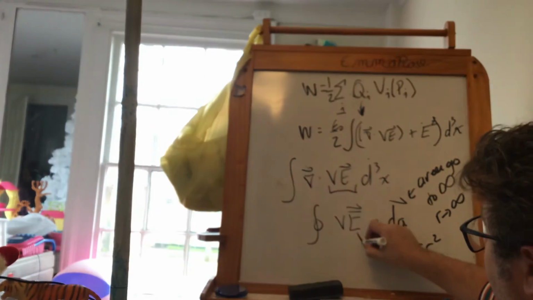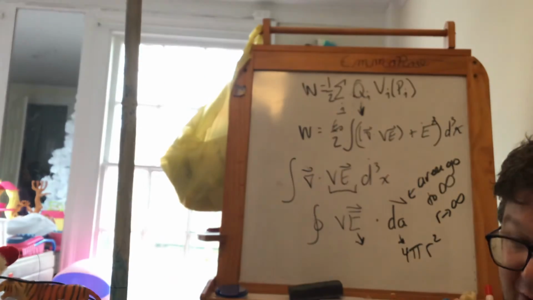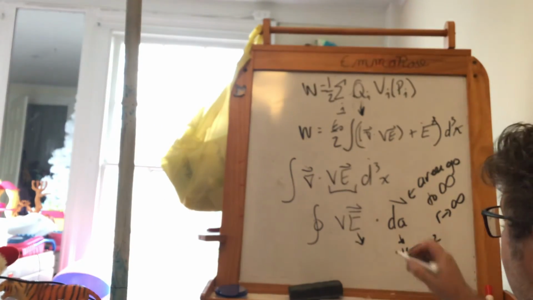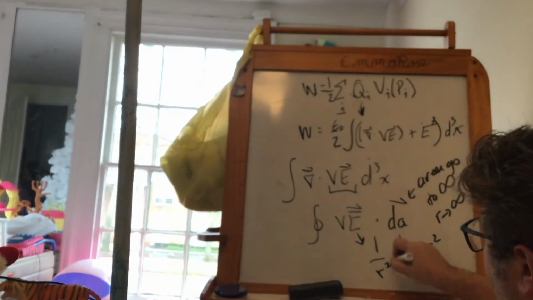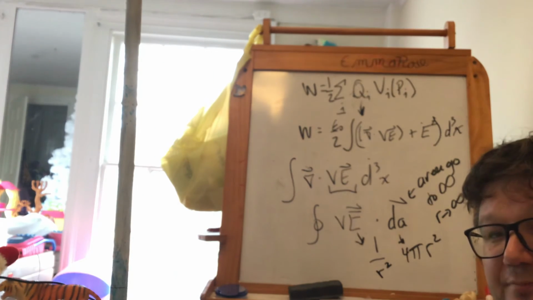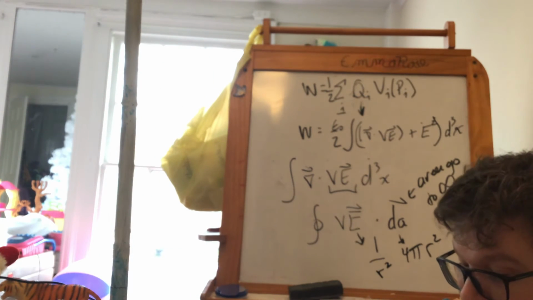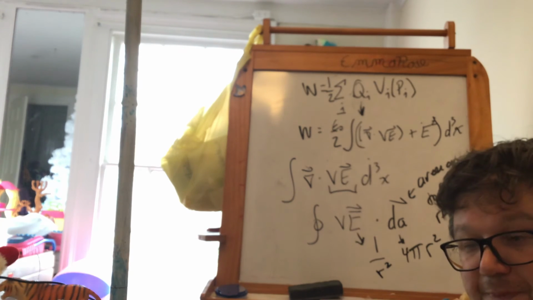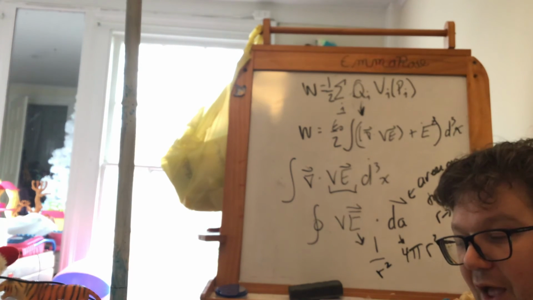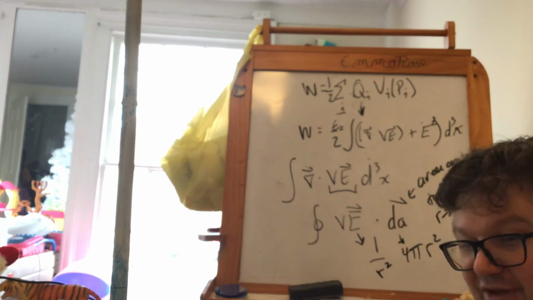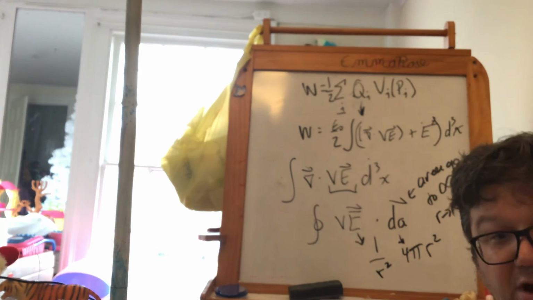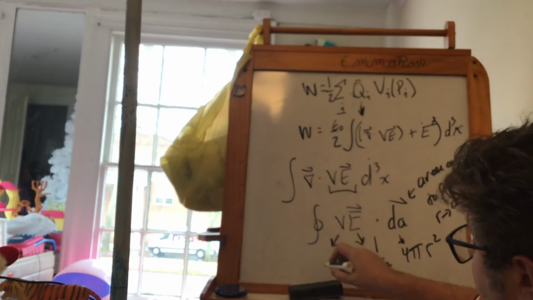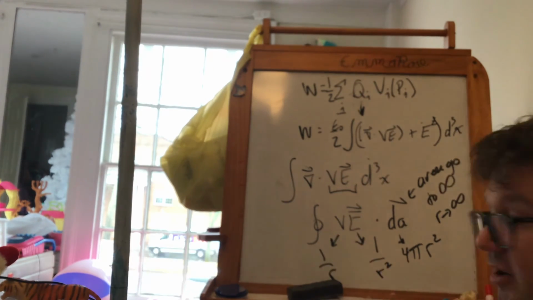The electric field, if I go far enough away from the charge distribution, looks just like one big charge. So you would expect this to go as 1 over r squared, right? So as I go to infinity, it's going to fall off with this 1 over r squared dependence. And of course, if r is infinity, it's going to go to 0 at infinity. And we know that the potential goes as 1 over r, right?